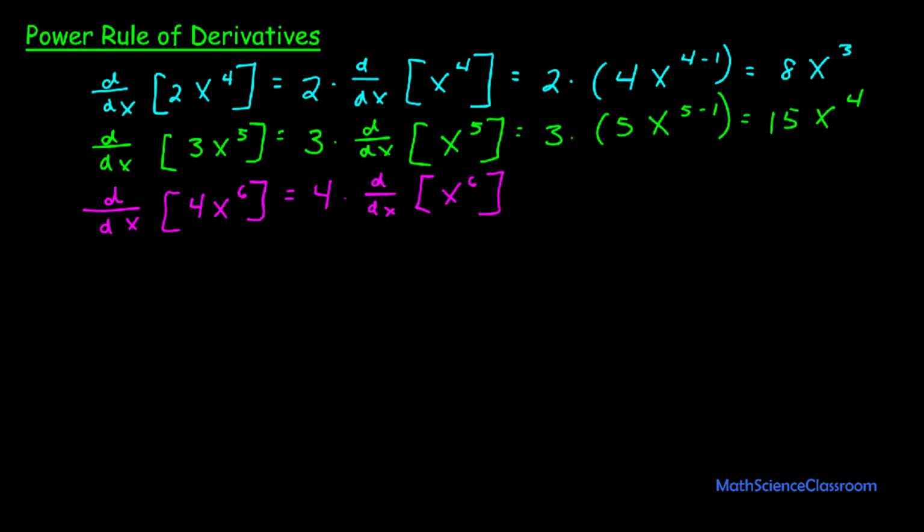Apply the power rule, equals 4 times 6x to the 6 minus 1 equals 24x to the fifth power.